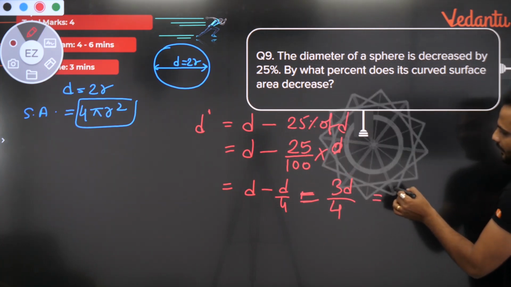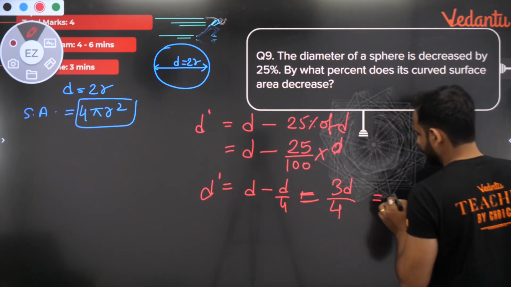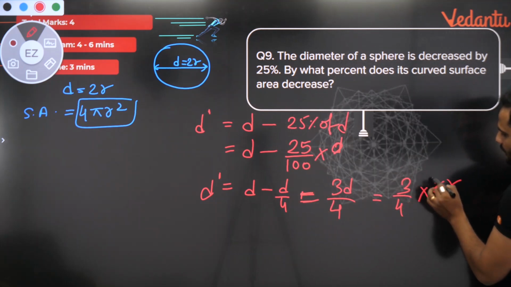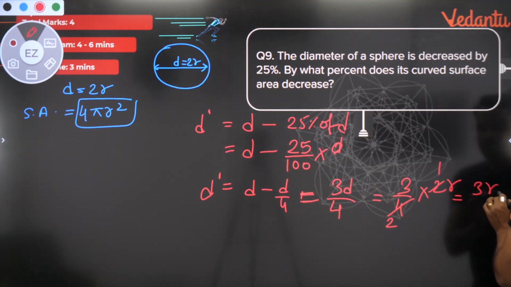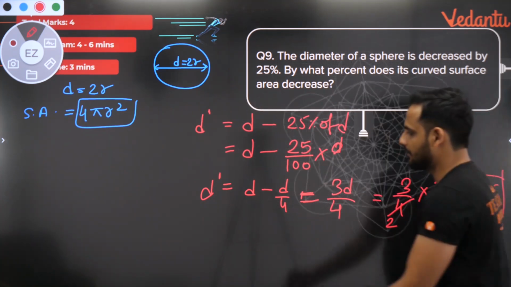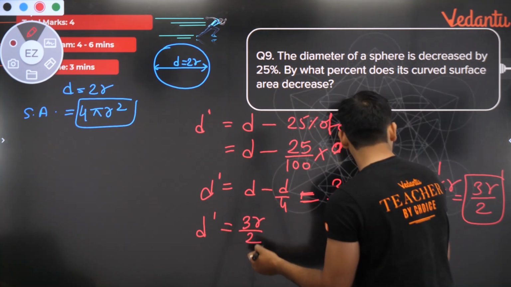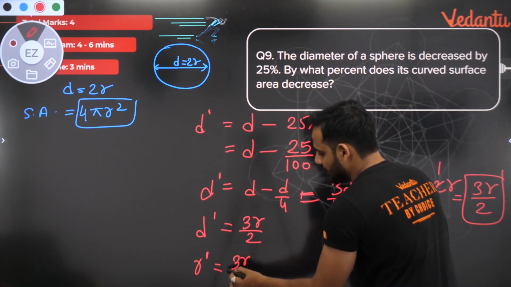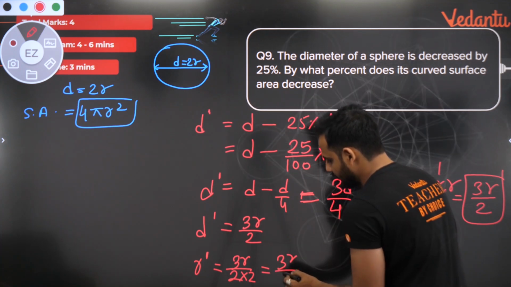So the new diameter d dash will be equal to 3 by 4 into 2r, which is 3r by 2. So the new radius r dash will be equal to 3r by 2 divided by 2, which is equal to 3r by 4.